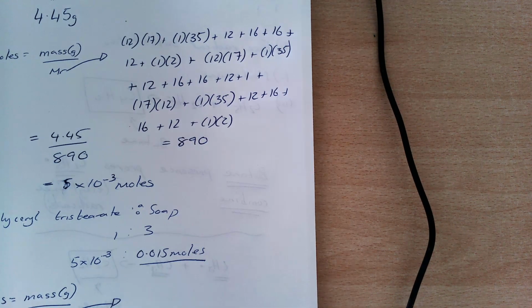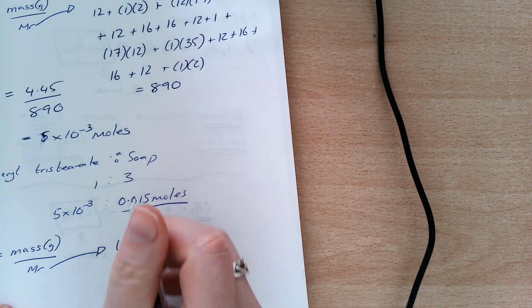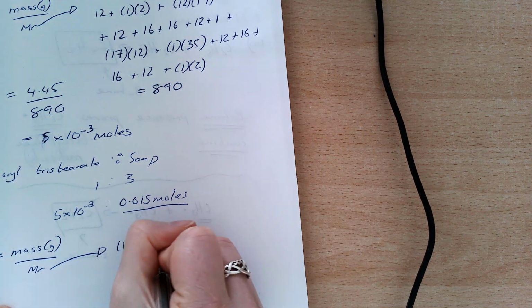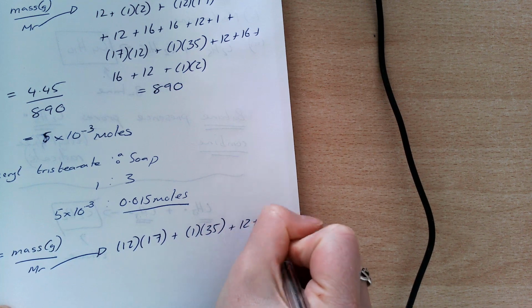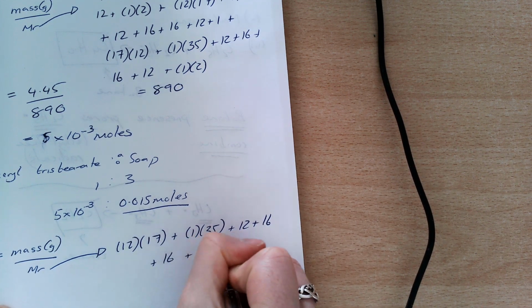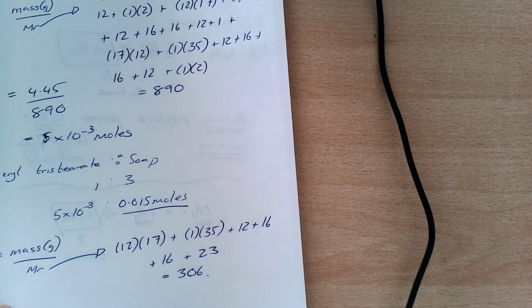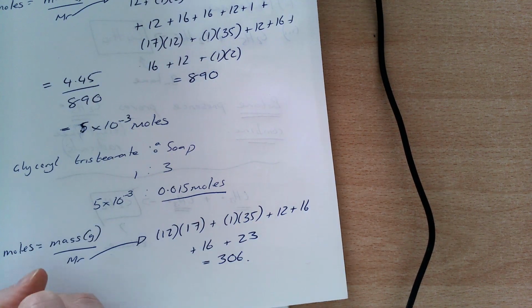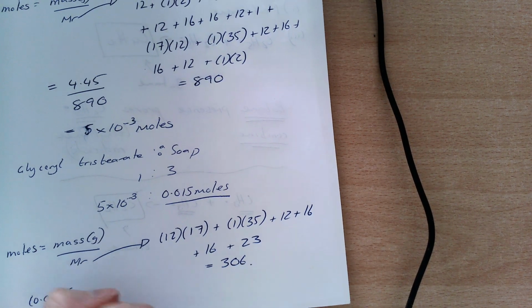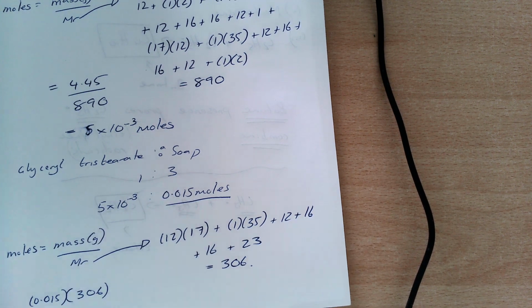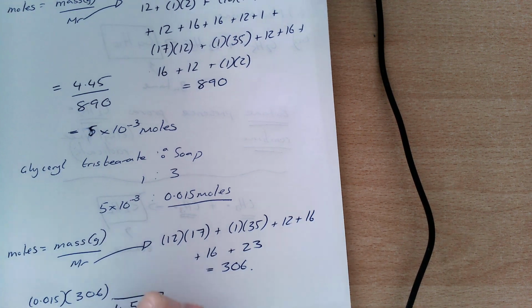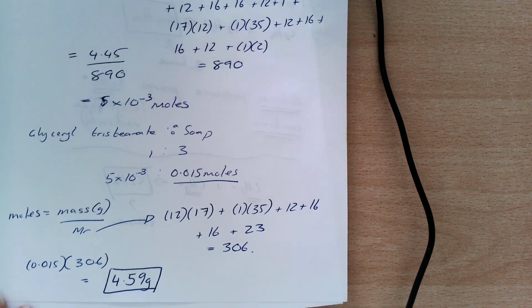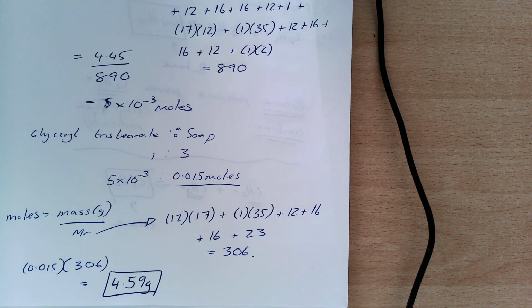Again here it is 12 by 17 plus 1 by 35 plus 12 plus 16 plus 16 plus 23, and that gives 306. So number of moles 0.015 multiplied by my relative molecular mass of 306. So I could have ended up with the maximum number of grams of 4.59 of soap.